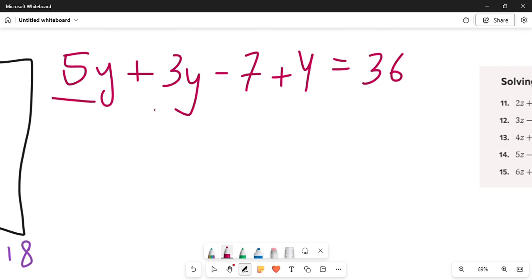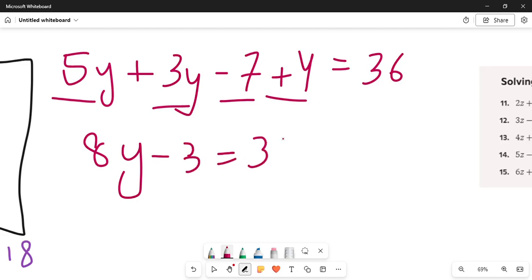So we have 5y and 3y here, so we'll add the coefficients. 3 plus 5 is 8, y will stay the same. We have minus 7 plus 4 here, again the same rule, the bigger sign, and we will subtract because we have opposite signs here, so 7 minus 4 is 3, so minus 3 equals 36.